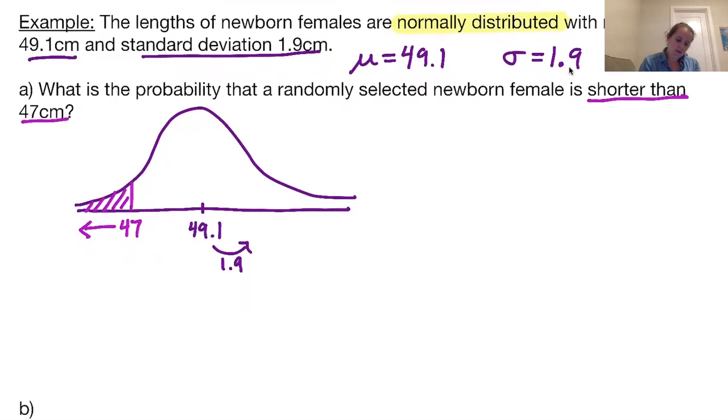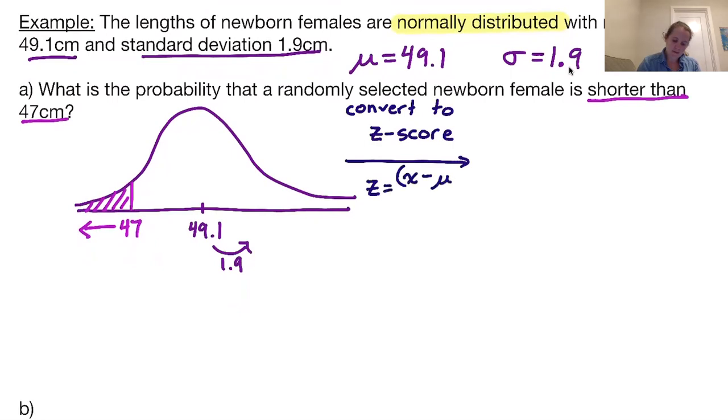So from here, we're going to convert to z-score. To do that, we will use the formula z equals x minus mu over sigma. So this one is in x. We are now going to convert to z.